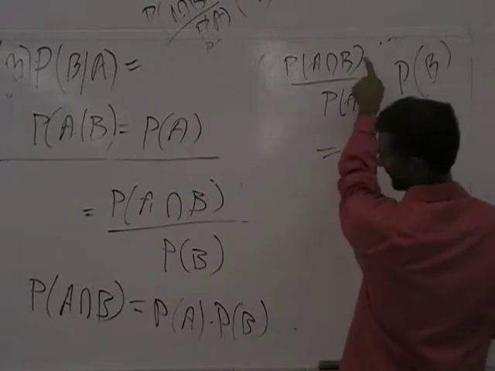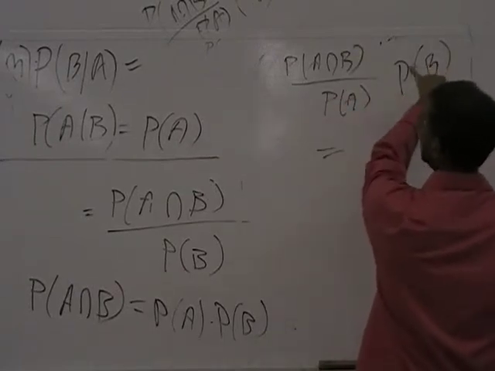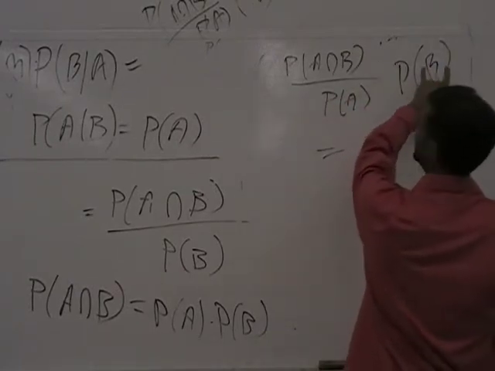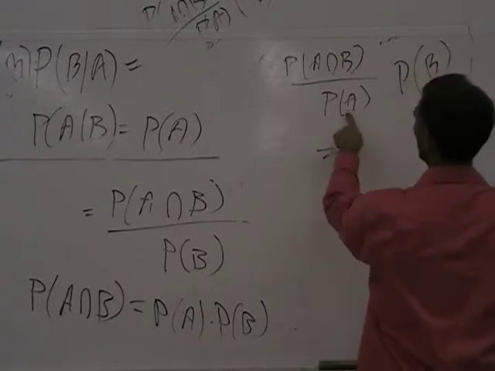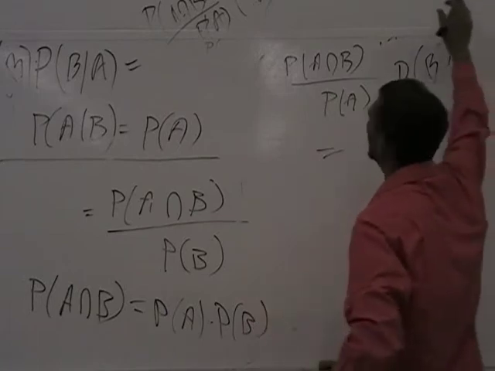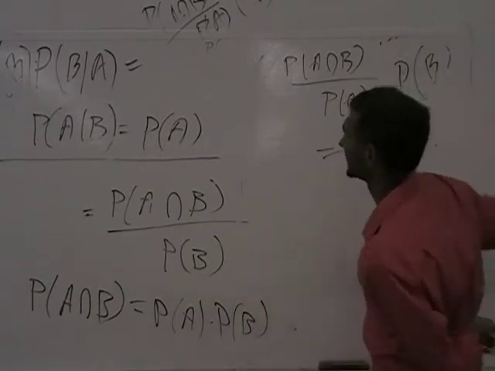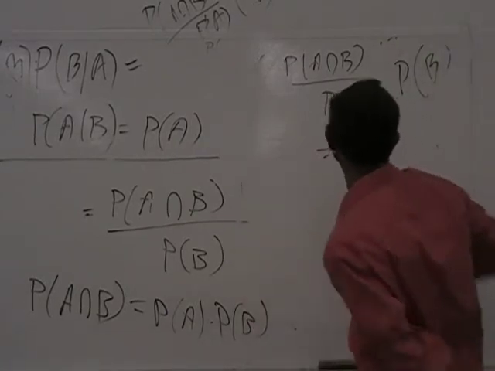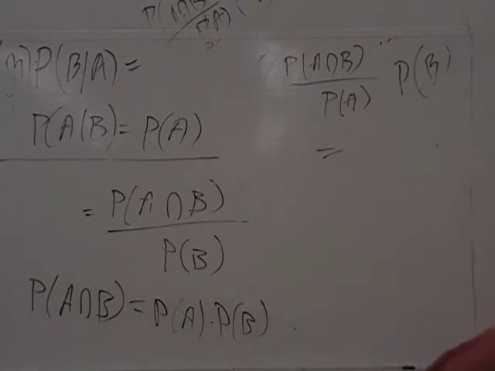Okay, where am I at? So intersection, probability of B, I want the B down there. But that's all screwed up. Alright, I'm going to stop wasting time. Okay.